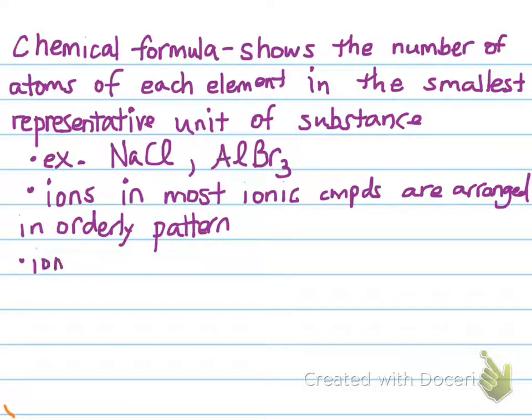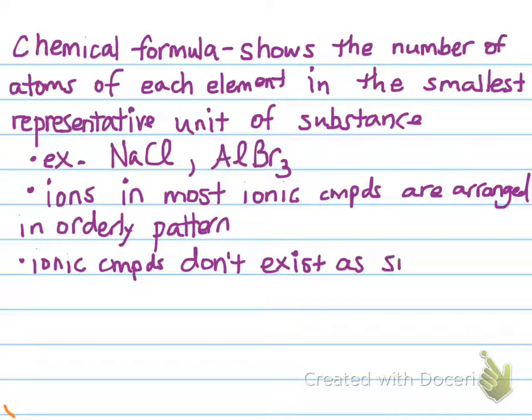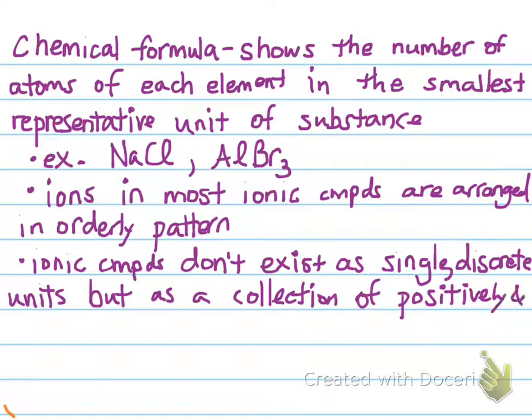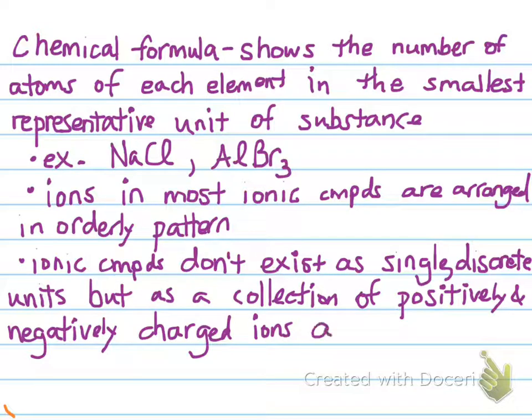Because of this, ionic compounds do not exist as single, discrete, which just means kind of separate units, but as a collection of positively and negatively charged ions arranged in repeating patterns.